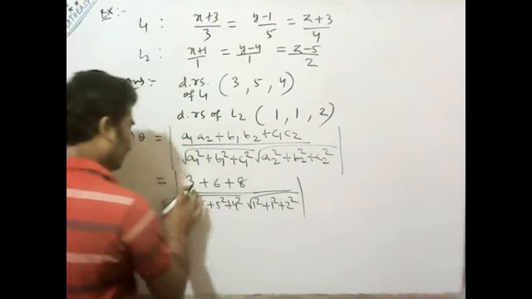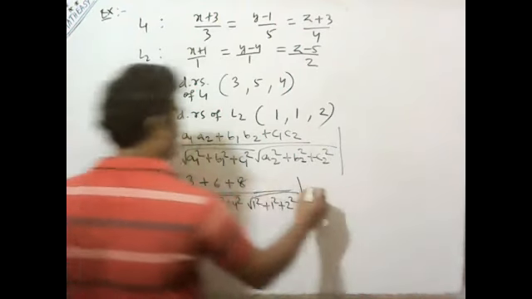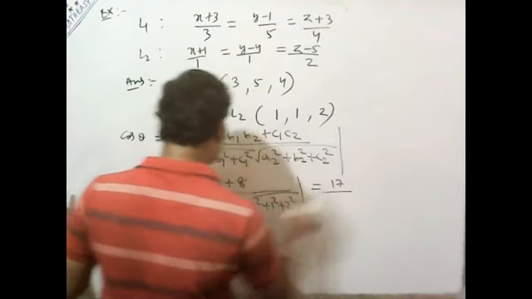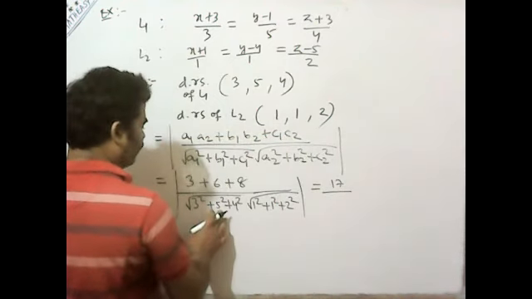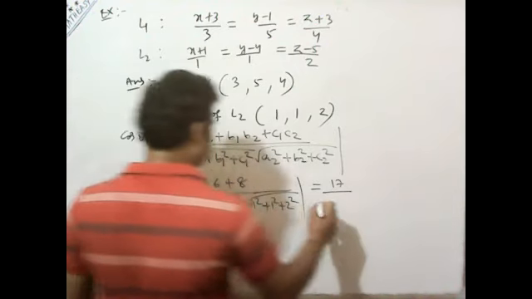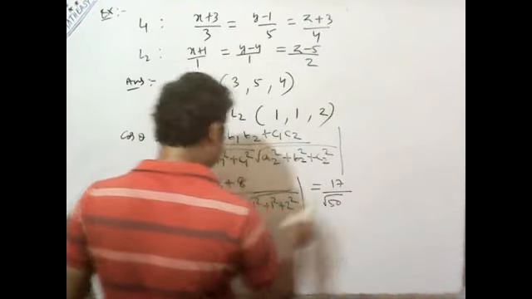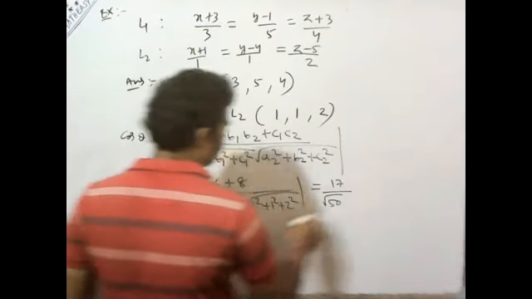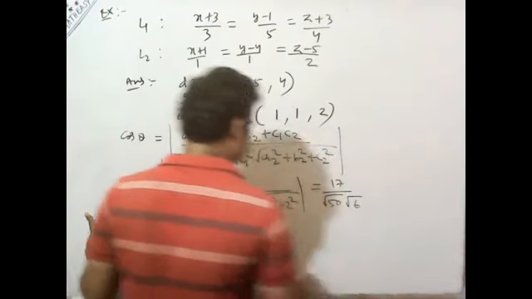That means 3, 6, 9, 17, divided by the root of 9 plus 25 plus 16, that is 50, the root of 50, times the root of 1 plus 1 plus 4, that is root 6.